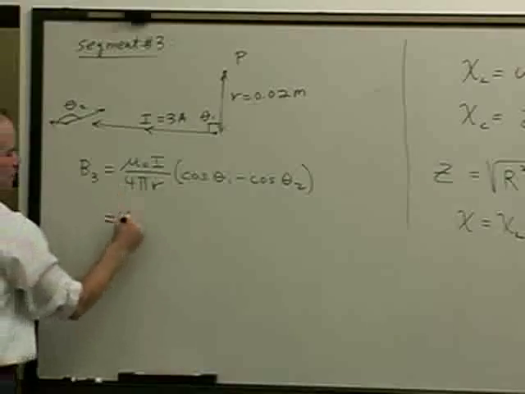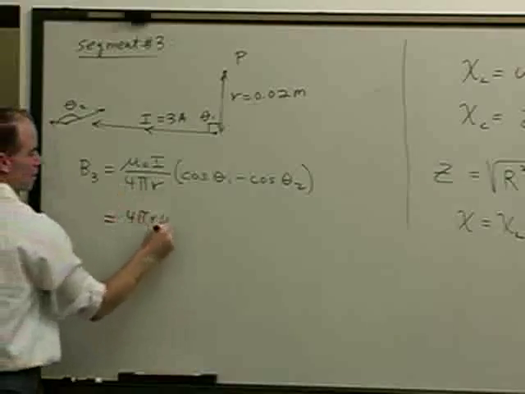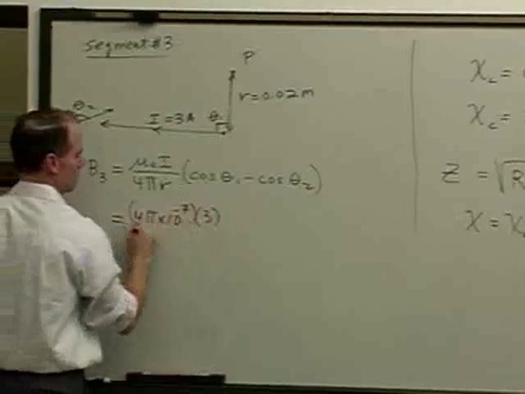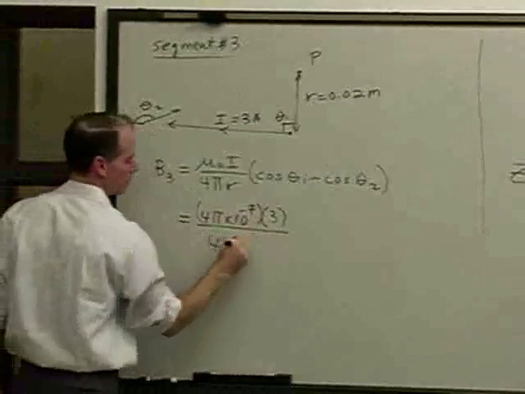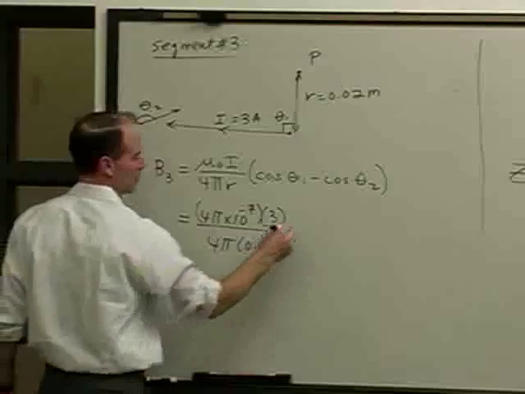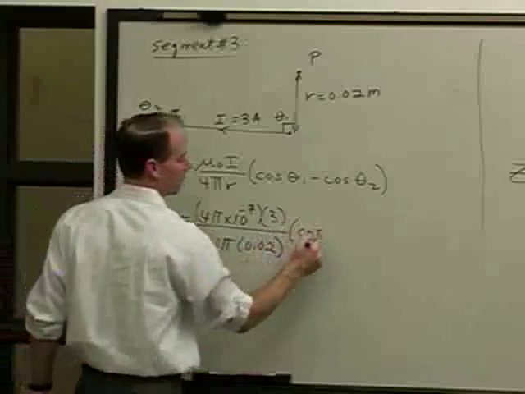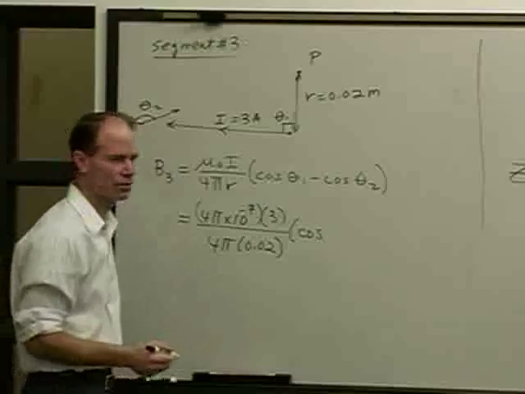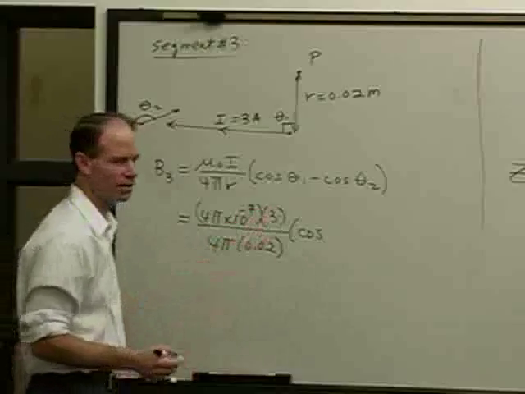So, mu naught is 4 pi times 10 to the minus 7. Current is 3 amps. Radius, or distance from the current direction, is 2 centimeters. And we'll have cosine. Really, in this case, it won't matter whether you put 90 or pi over 2, because you take the cosine of it.